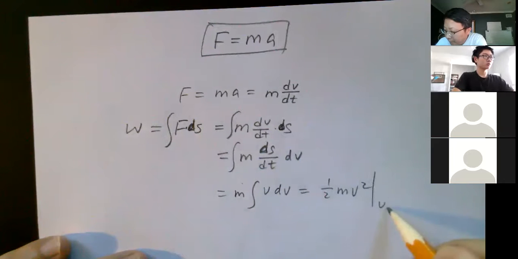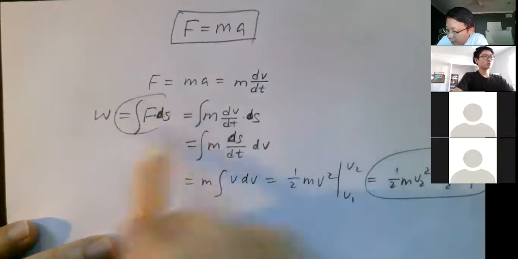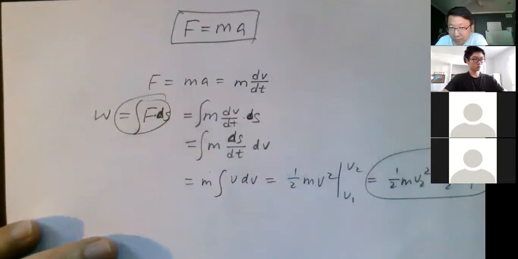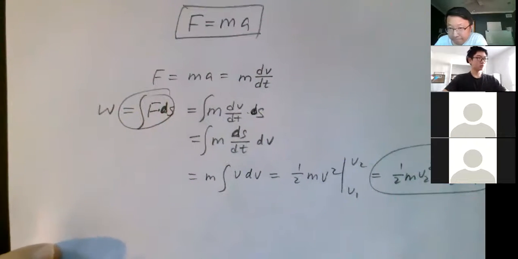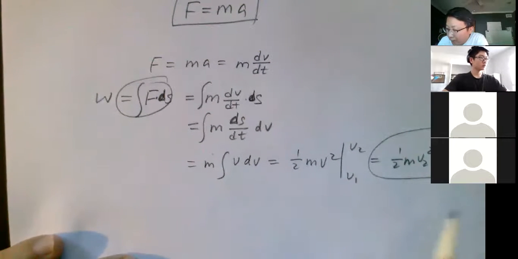Of course, from v1 to v2. So that is basically 1/2 mv2 squared minus 1/2 mv1 squared, which equals the total work. Cool. So this is basically why this is called kinetic energy.